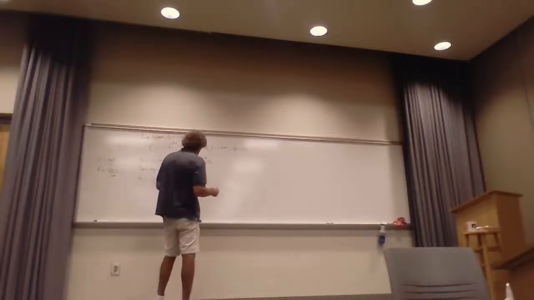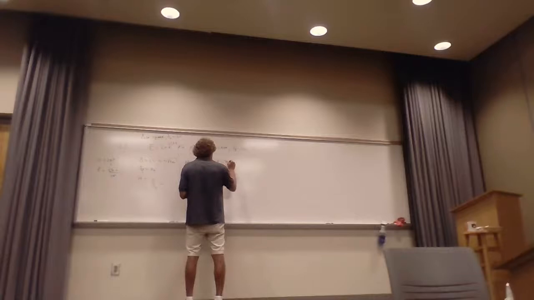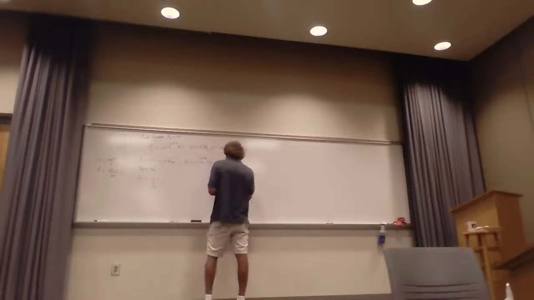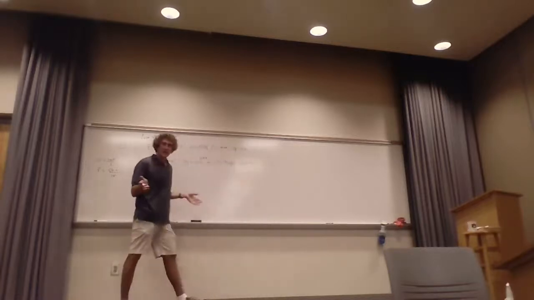The first thing I wanted to find was E. E will just be eta naught times the magnitude of H. When you do this, it's going to be 120 pi or 377 times 10, or about 3770 volts per meter. Do you agree with that, everyone?